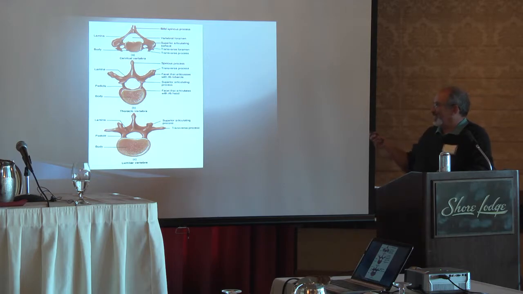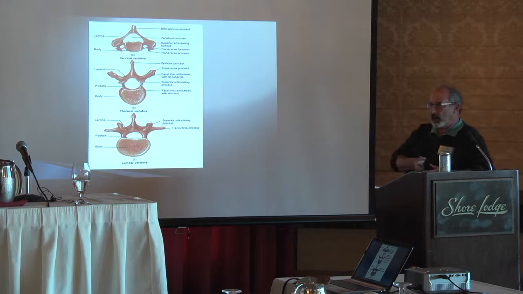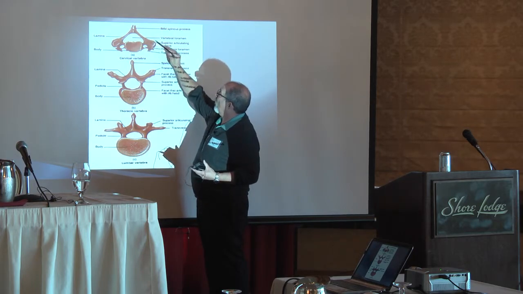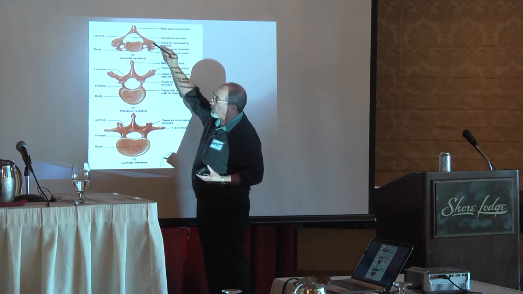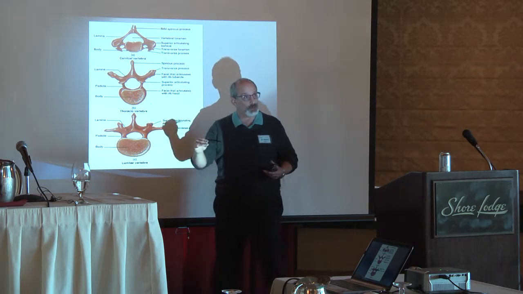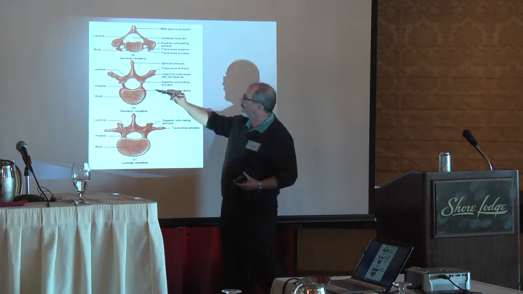So on the top slide, I don't have a little laser, so I'm going to walk over and point out that this is the articulating surface. These are stacked vertically, and the articulating surface is horizontal, allowing for rotation.